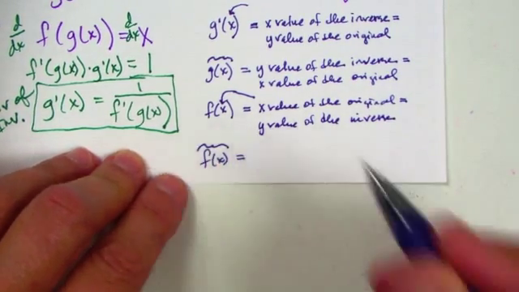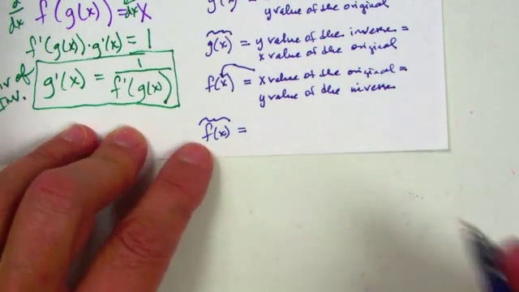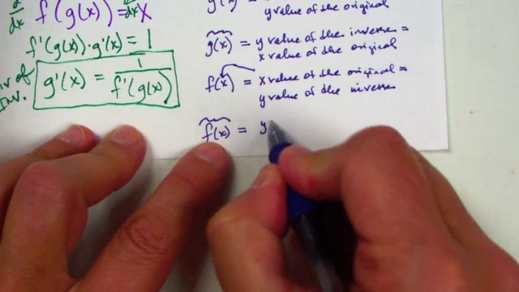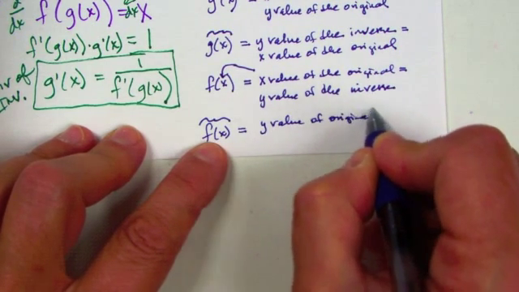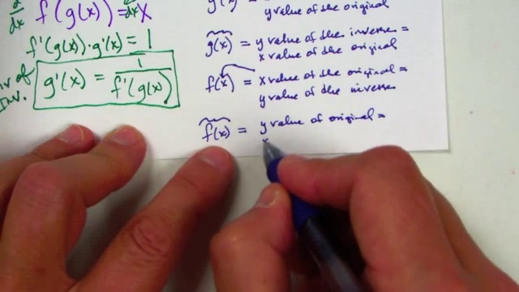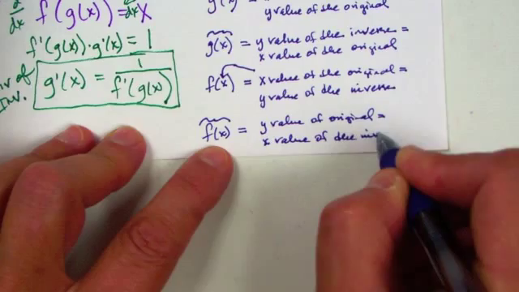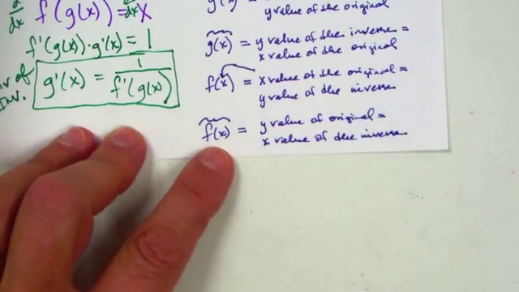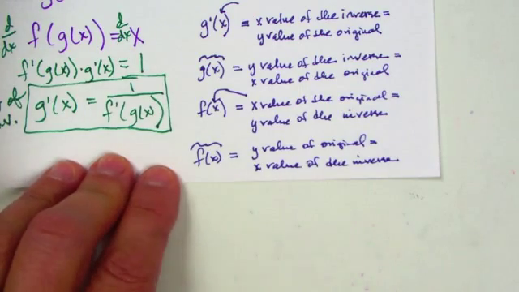And then the entire f of x is the y value of the original. Okay, so you seem to have a pretty decent feel for that.